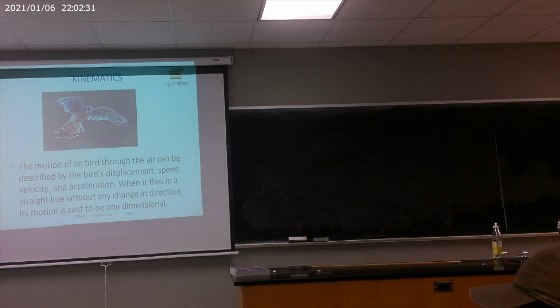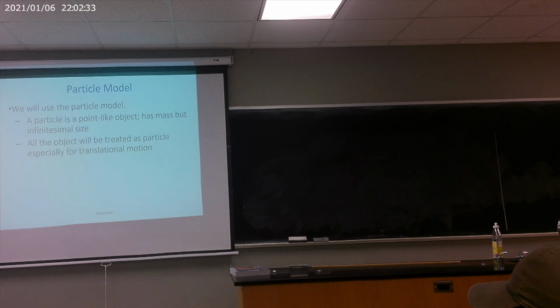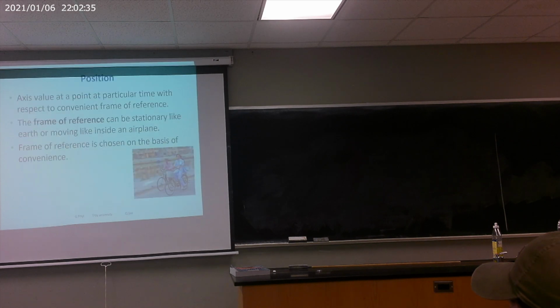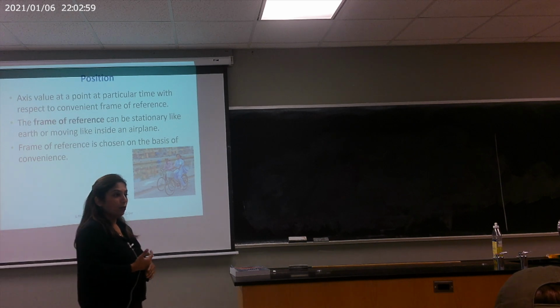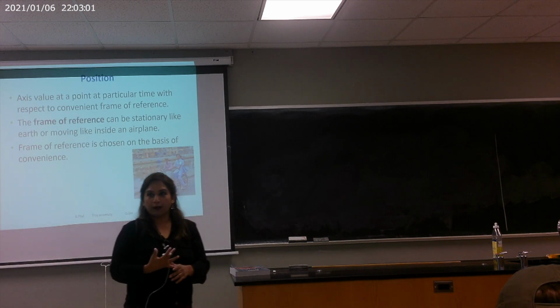Position and time. The position is the axis value at any point at a particular time with respect to a convenient frame of reference. What is a frame of reference? The frame of reference is the coordinate axis that we always use in order to represent any point in a graph.